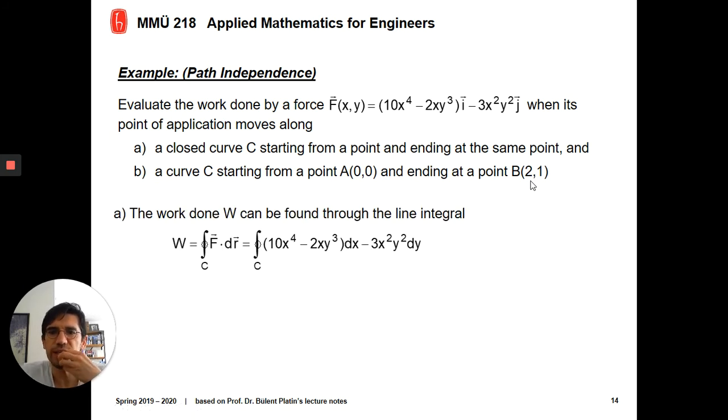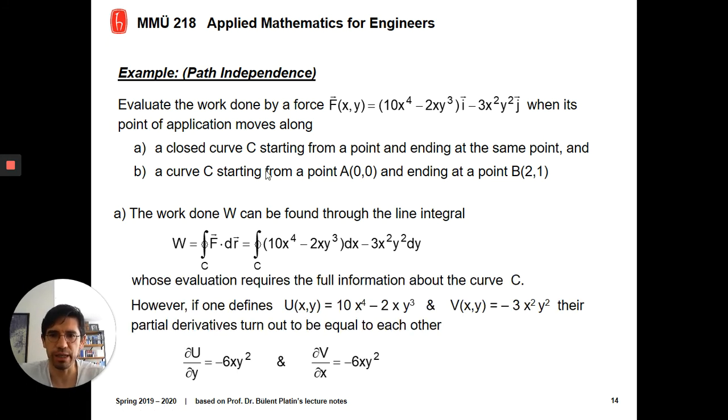The work done can be found through a line integral that we had learned already weeks before, and that's my line integral. And I'm not defining the curve yet. That's because I know something.